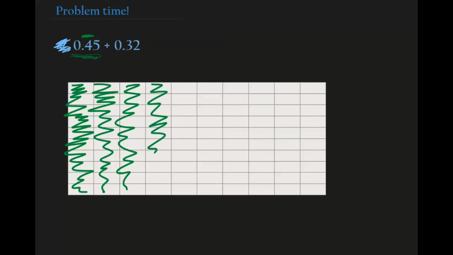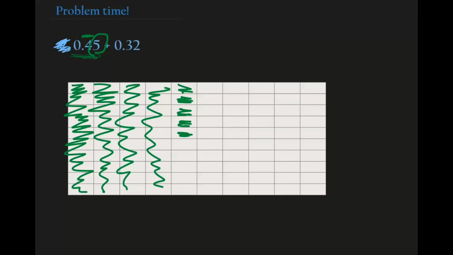Actually, I forgot, we're only supposed to shade 4. So I'm going to erase this. Oops, sorry. Okay, there we go. And then we have 5 in the hundredths place. So that means we're going to shade 5 single squares, or rectangles. 1, 2, 3, 4, 5.